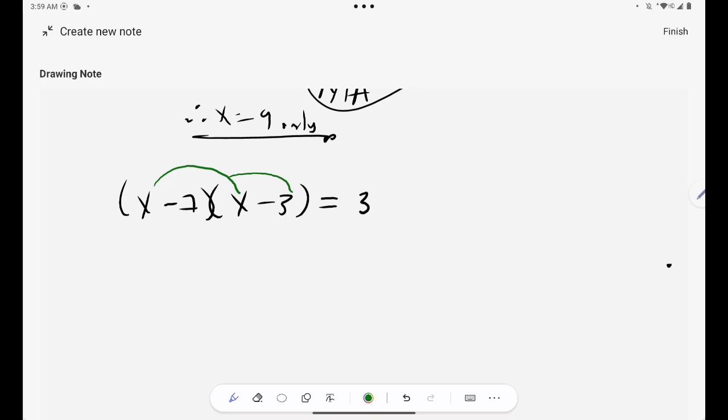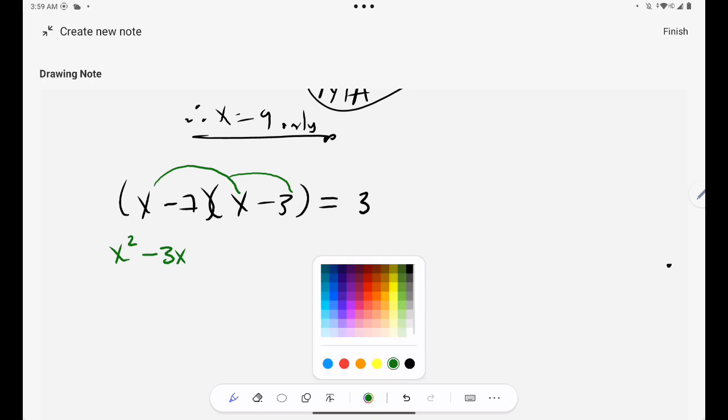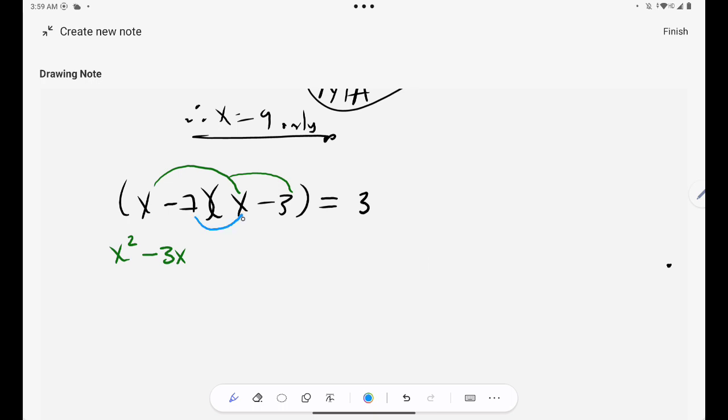By doing this. You'll say x multiplied by x, you'll get x squared. X multiplied by a negative 3, you'll get a negative 3x. And then the second number in the first bracket will multiply the two numbers in the other bracket as well.